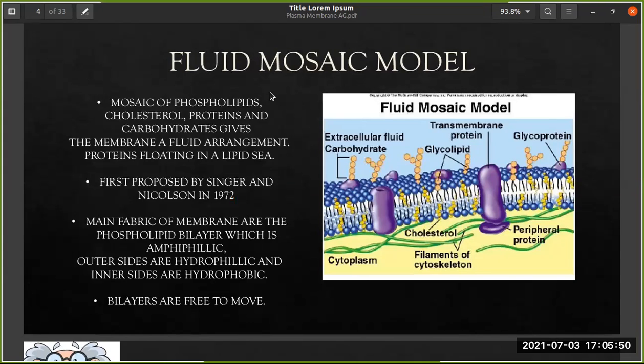If I draw an arrow, this is the outer side, and this is also the outer side here. This is hydrophilic. And this is the inner side here. This is hydrophobic. So outer sides are hydrophilic, water loving, and inner sides are water hating, that is hydrophobic.